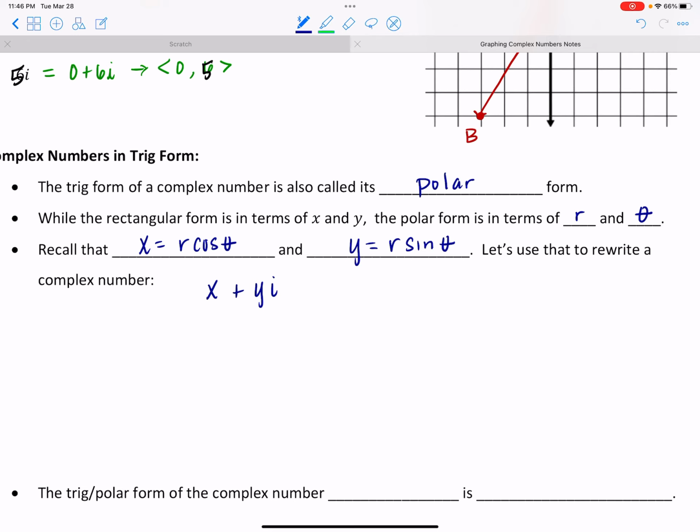If I replace x with r cosine of theta and I replace y with r sine of theta, then I can get my trig or polar form of this complex number. So I'm going to replace x with r cosine of theta, plus I'm going to replace y with r sine of theta, and it's being multiplied by i.